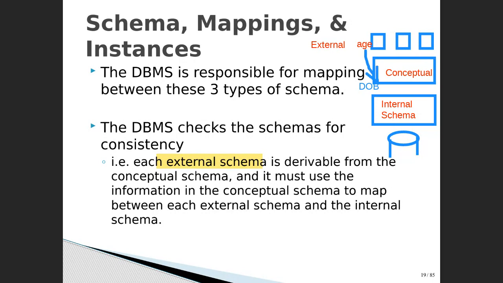Okay, so this is the meaning of anything in the external subschemas will be reflecting whatever is described in the conceptual schema, or calculated or derived. All right, so it will be derived, and whatever is there will be mapped with the physical representation which is described in the internal schema.